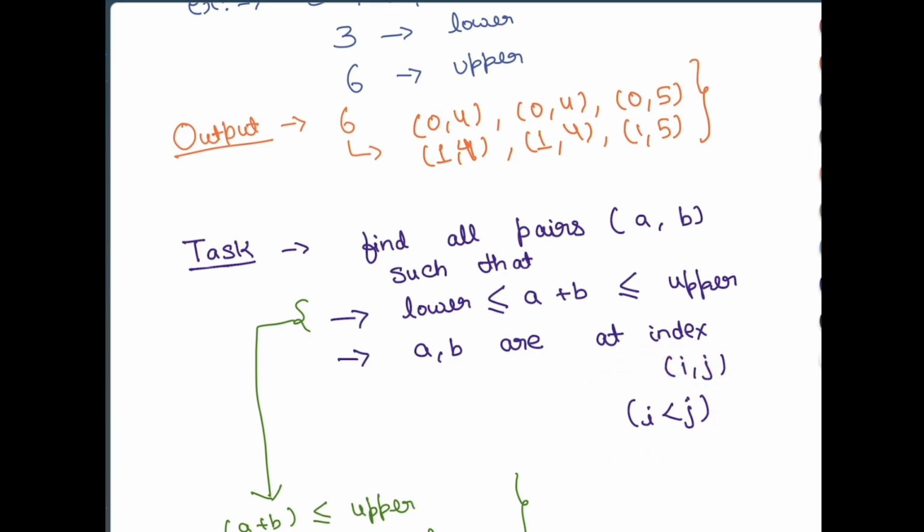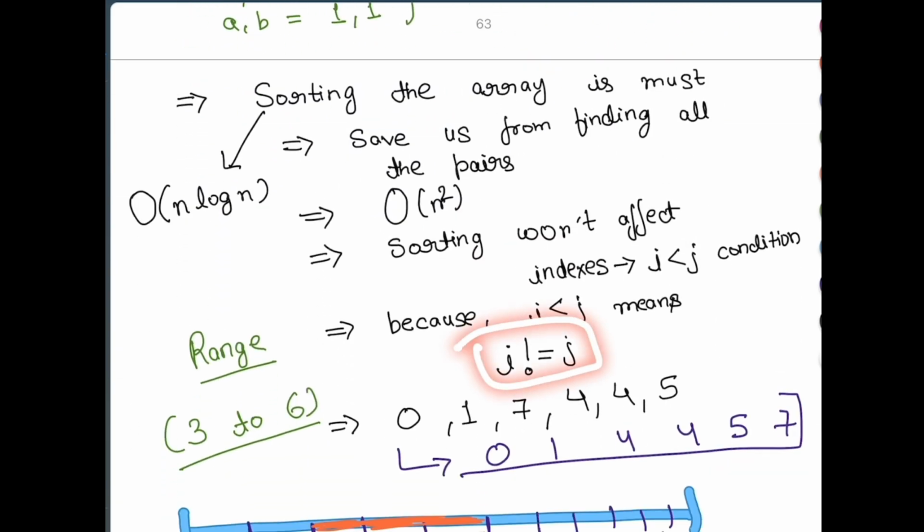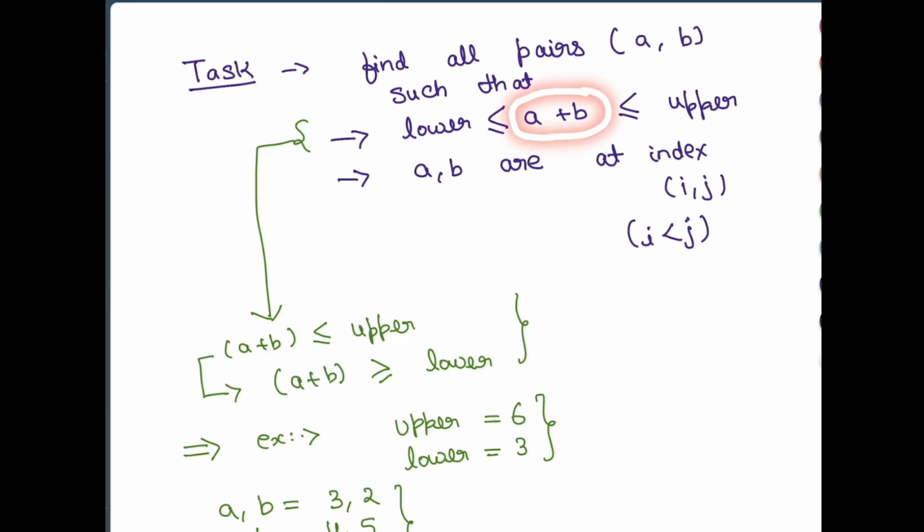Instead, you can only say that i should not be equal to j. I need to form all the pairs in which i is not equal to j, instead of thinking that i should be less than j, because the operation we are performing is addition, and addition is not affected by the ordering of our elements. For example, a plus b is equal to b plus a, right? So it is not important that the first number a should have the index i and the second number b should have the index j.